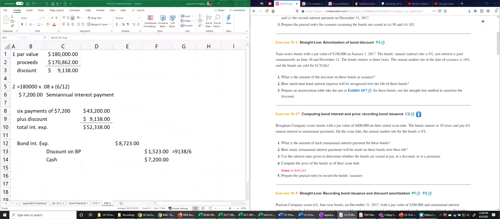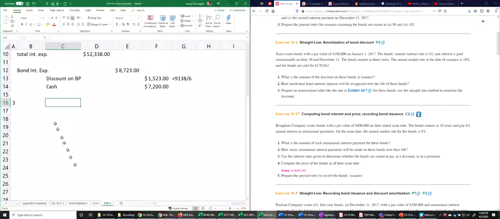The next thing that this problem asks for is an amortization table. Right. And I'll provide this as a proof of our visualization of how we amortize the discount or premium away over the life of the bonds. I won't specifically ask you guys to prepare one of these. This is really more offered for understanding of what happens to the discount.